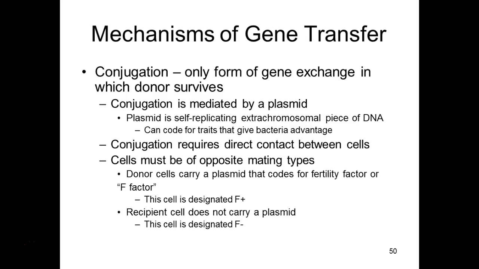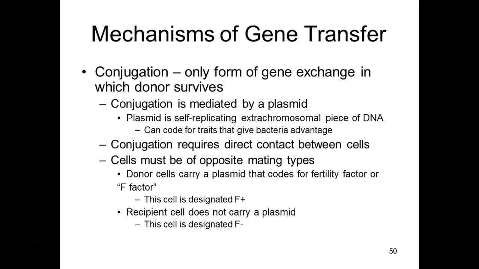Again, this having genetic information, this similarity to sex. F positive means the cell has the ability to produce the sex pilus and has information that can be given to other cells. If you're negative, you don't have that.